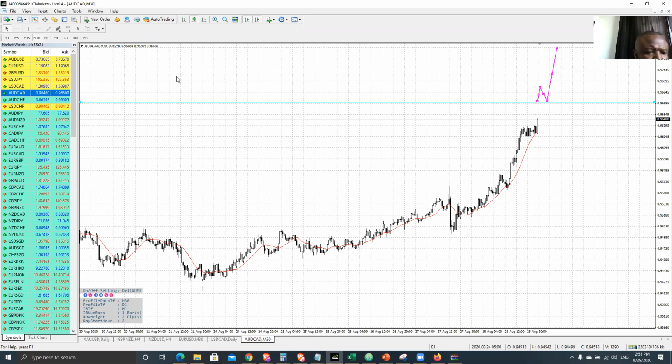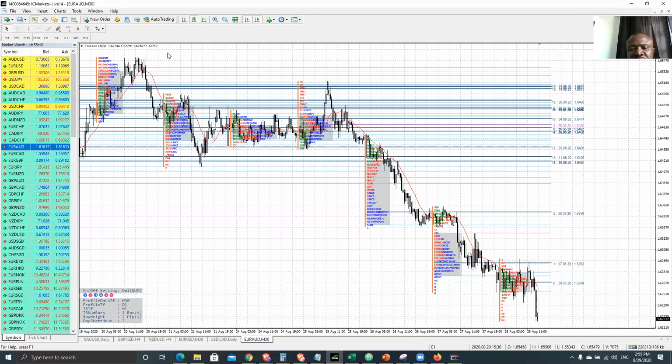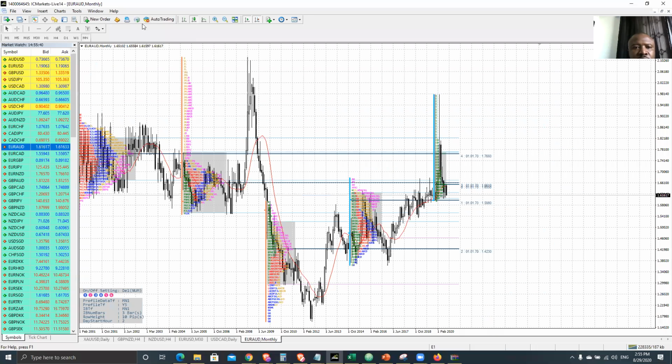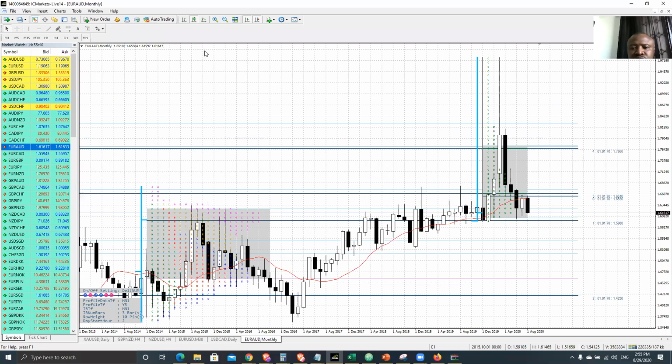I want to show you, there was a particular currency that I saw like that. I think Euro Aussie is one of them as well. So on Euro Aussie, we come to that 65.50 level, right?